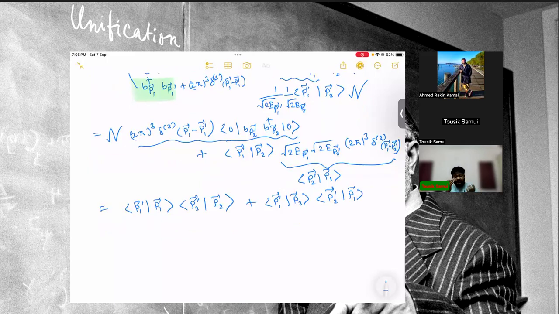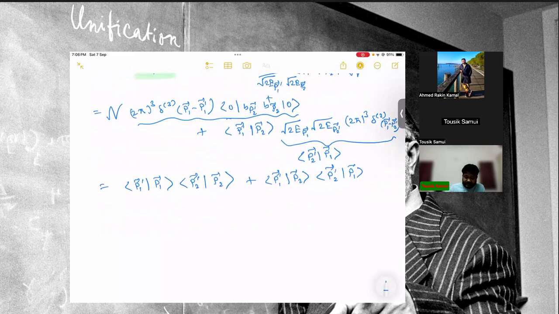So this is the thing that we are getting from the first term. And now if you just draw a quick pictorial representation, we'll see that this first term is nothing but evolving from P1 state to P1 prime state, and they can only go to that state if their momentum is the same.